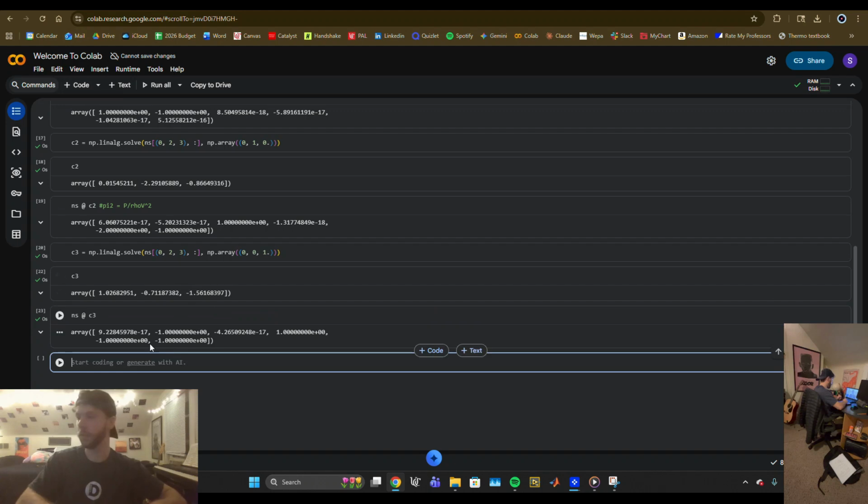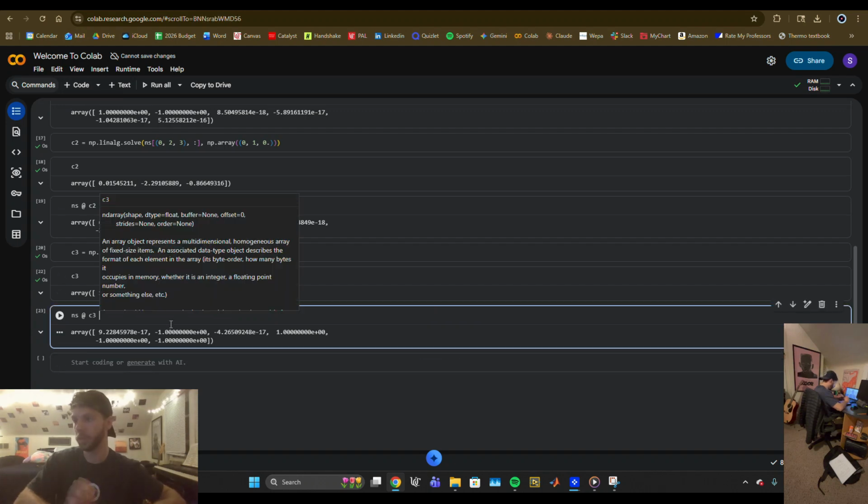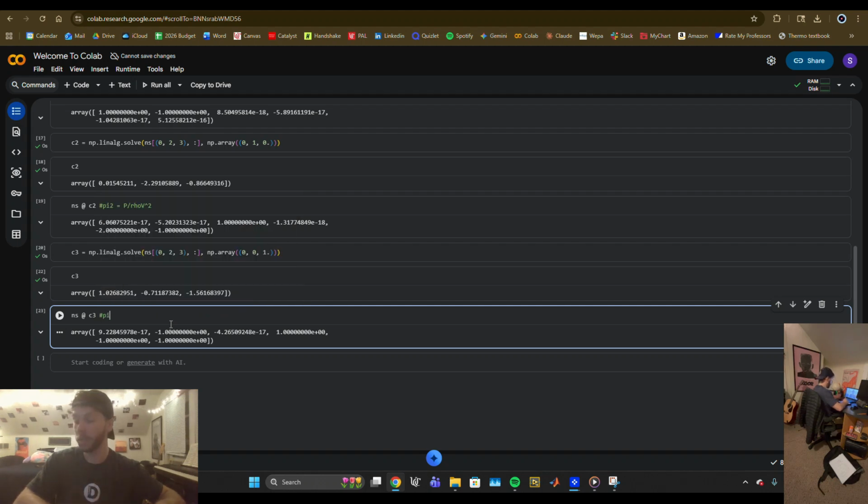Our third Buckingham pi number will be 0 for length, -1 for our diameter, 0 for change of pressure, 1 for viscosity, -1 for velocity, and -1 for density.